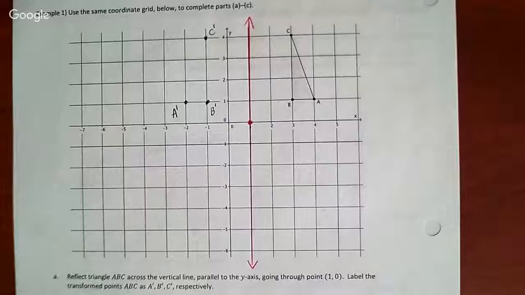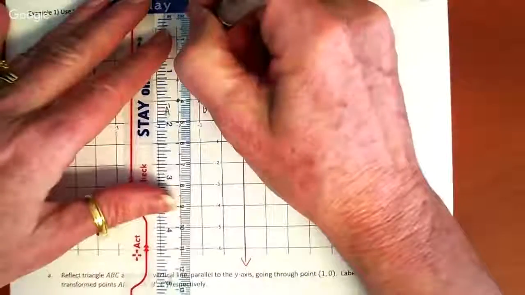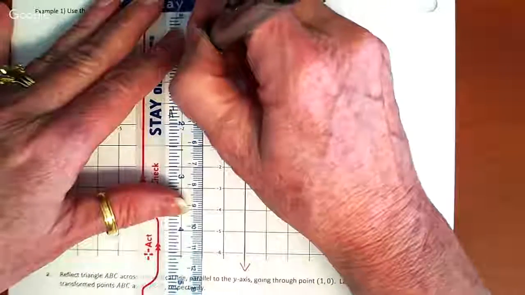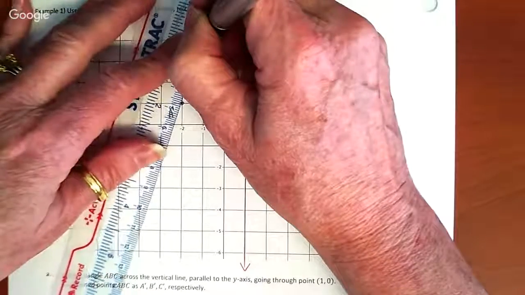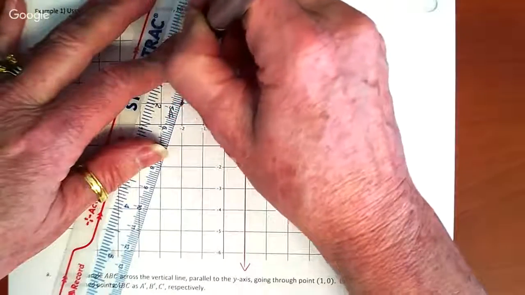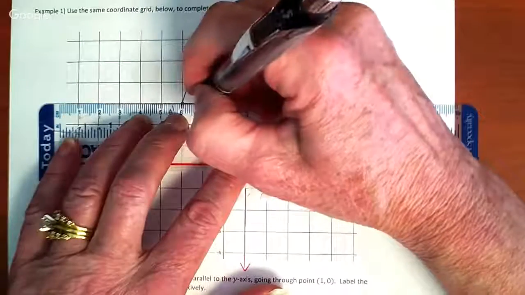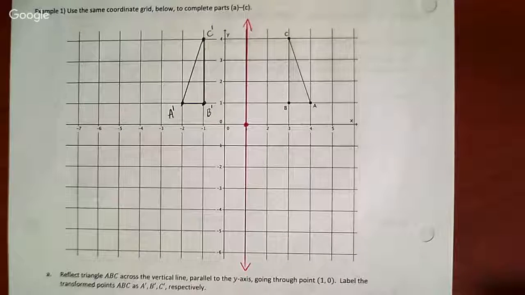So now we are going to draw our triangle, always with your ruler. Okay. So that's our reflection over 1, 0.